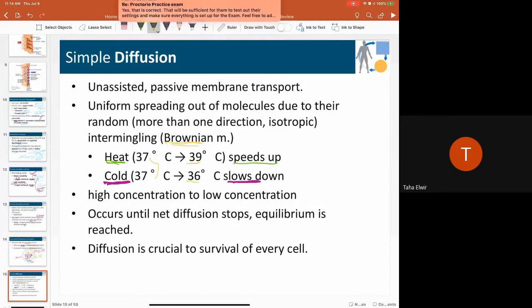Below 36, things start to get too cold and molecules don't move fast enough to get across plasma membranes. Another thing that is a problem with heat, since we have so many proteins in our body, if we heat up above 39 degrees, we can get proteins denaturing.